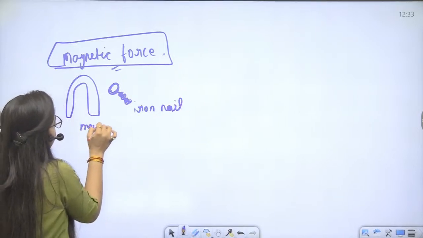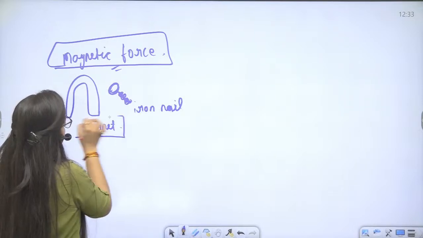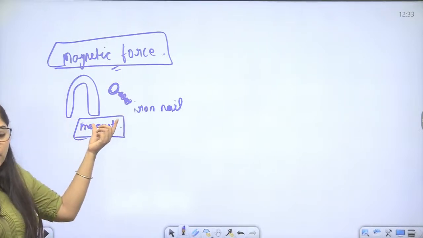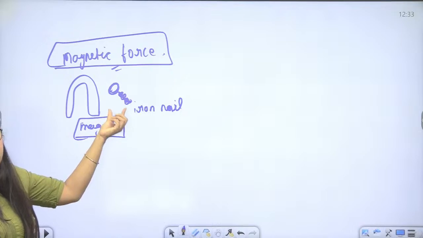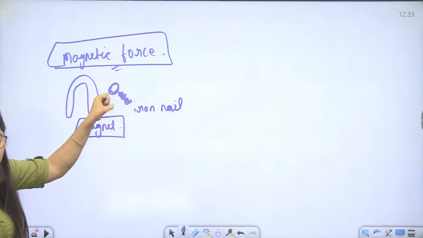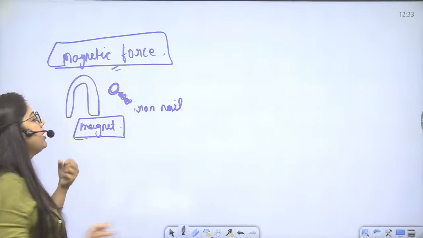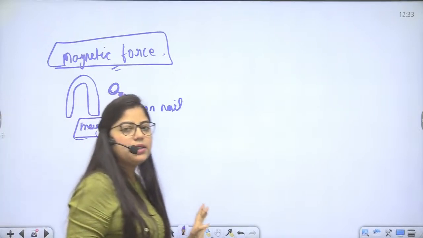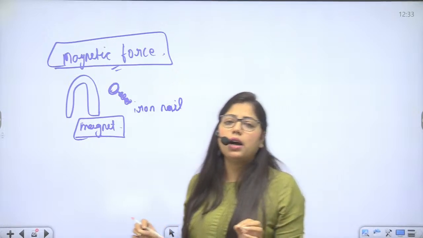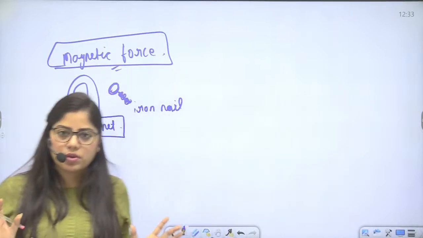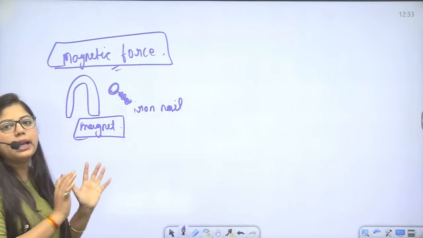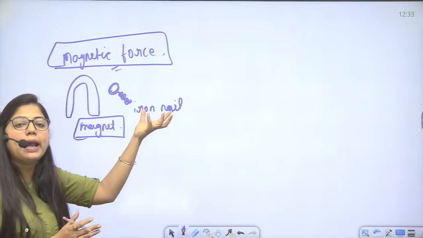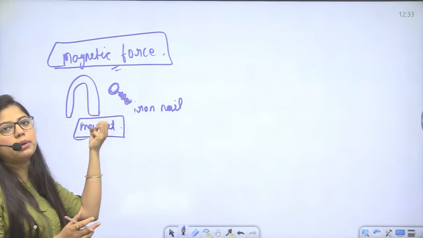So this is a non-contact force. Without contacting each other, it pulls, or exerts a force towards the magnet.